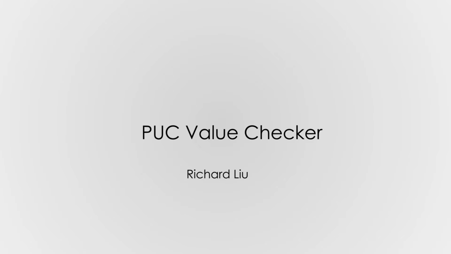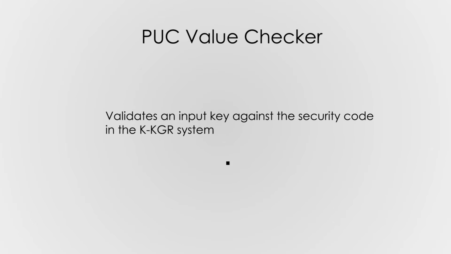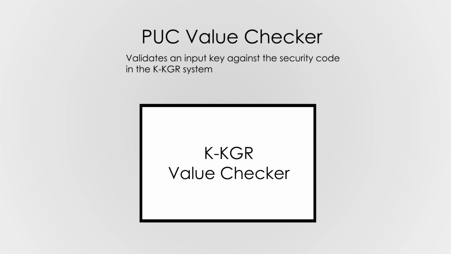So what is the PUC Value Checker? The PUC Value Checker essentially is a device to validate an input key against the security code in the KKGR system. To begin with the high-level diagram, we have an input, which is a voltage value between 0 and VDD, and we have a code inside the value checker that it will compare with.